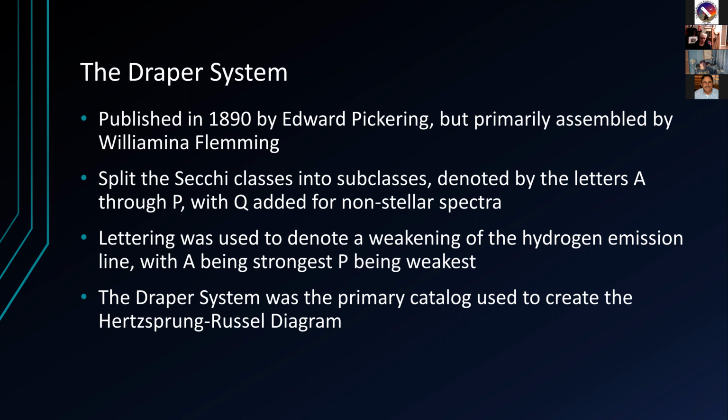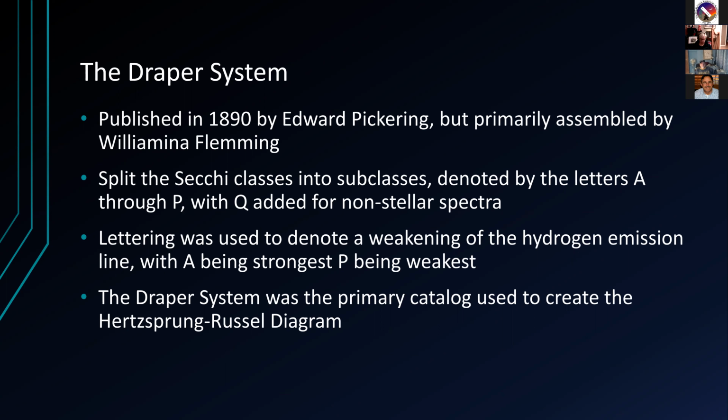Following the Secchi classes, her work further split them into subclasses denoted by the letters A through P for primary star spectra, and she added in Q much later for non-stellar spectra, which included things like planetary nebulas.